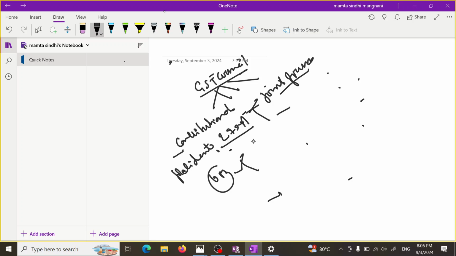Three-fourths of the members present and voting are needed for a decision, and the central share is 33%. The council makes decisions on various aspects, including taxes, exemptions, revenue and all that. So this is all about the GST Council.